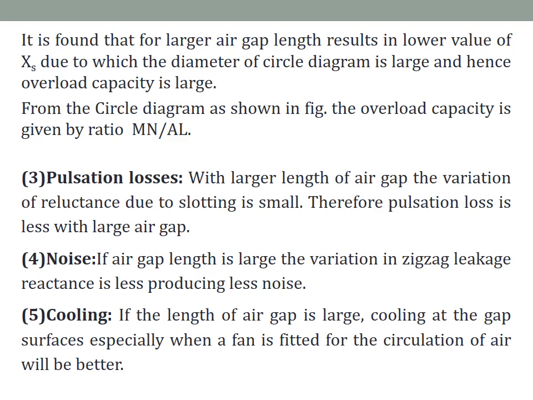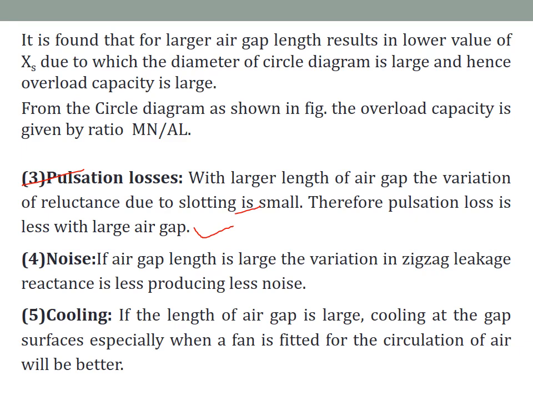Now coming to pulsation losses. With a large length of air gap, the variation of reluctance due to slotting is small. Therefore, pulsation loss is less with a large air gap.